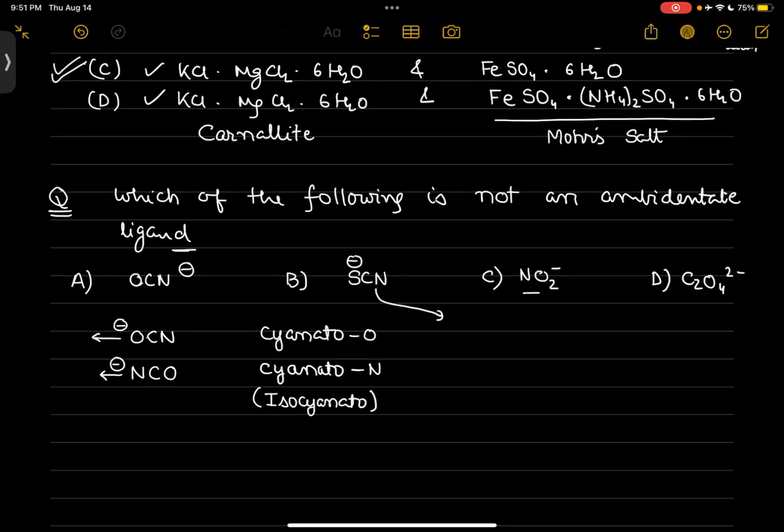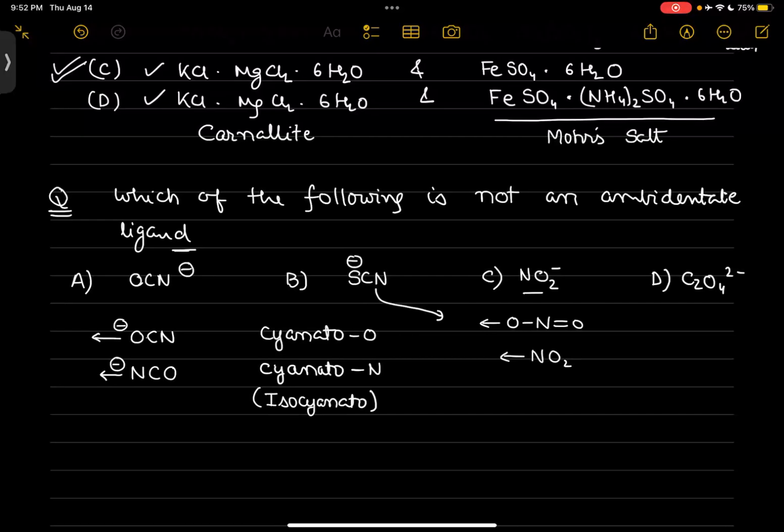Is it an ambidentate ligand? How are we going to figure it out? It is like this, ONO or NO2. Got it? So this is also an ambidentate.